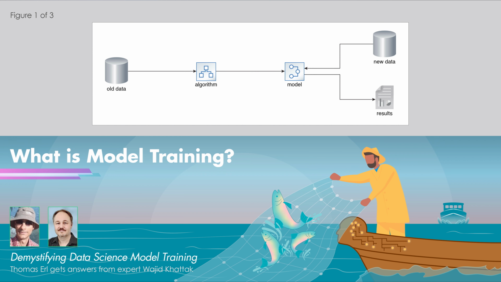Sure. So at its very basics, it all starts before even the model is born. We have our algorithm. So the data scientist, machine learning engineer, they would choose some specific algorithm that's fit for solving whatever problem they're trying to solve.